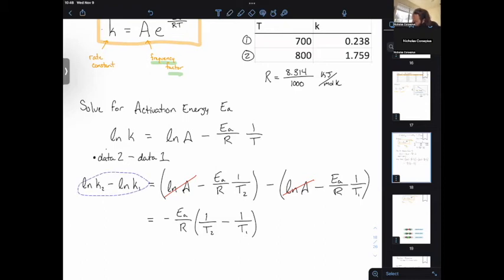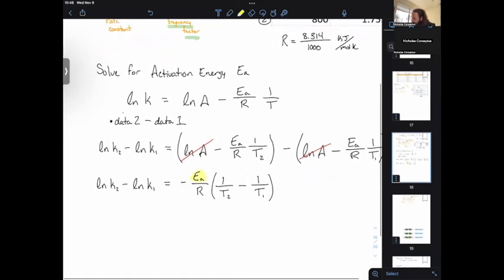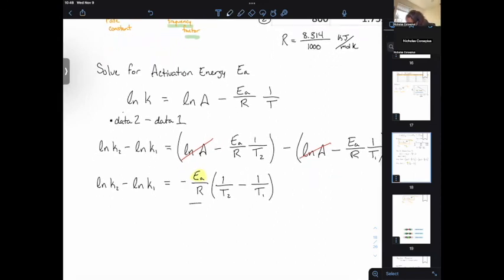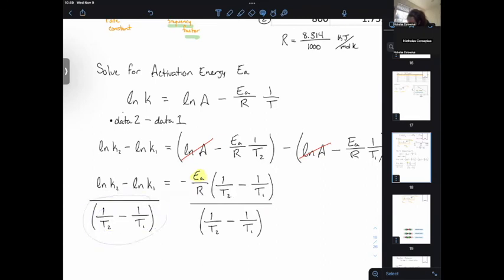All right, so here I have rearranged this equation to make it easier to solve for that EA. This is the thing I'm trying to get to. So I'm going to rearrange this equation so that it's all by itself. I'm going to divide both sides by this 1 over T business, this term right here, this whole thing. Okay, and that will cancel it out from this side.